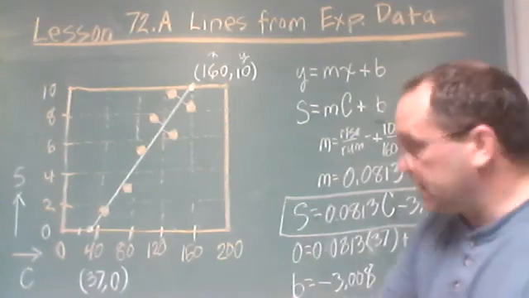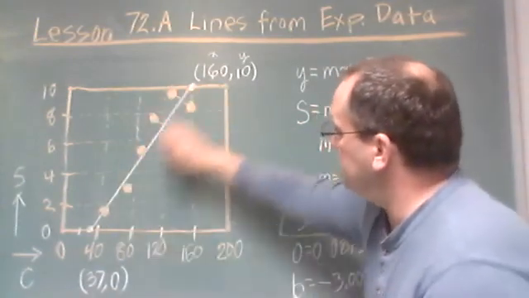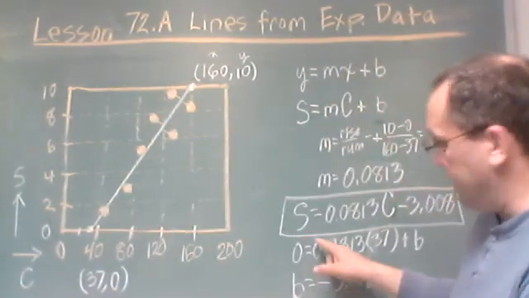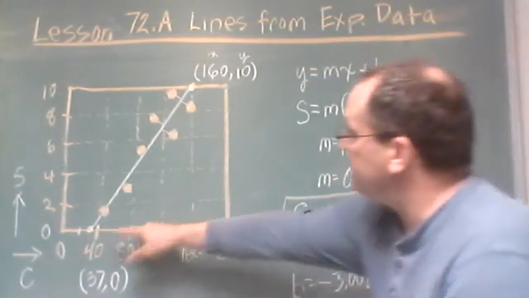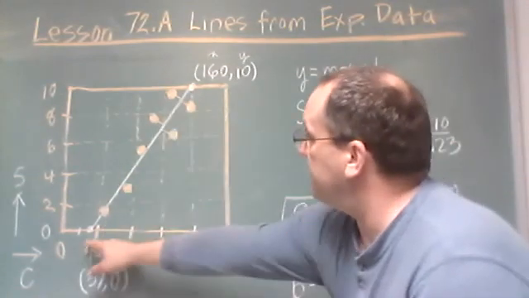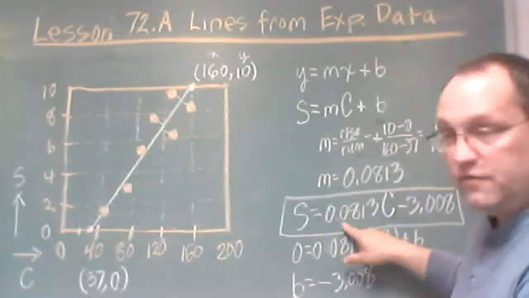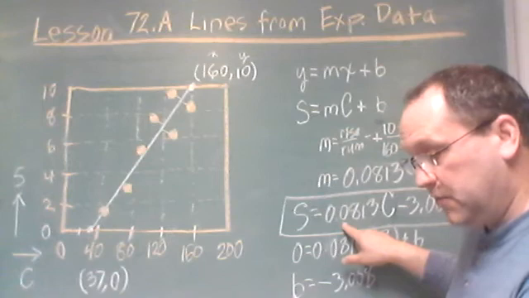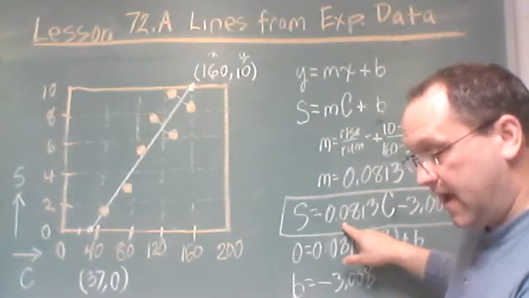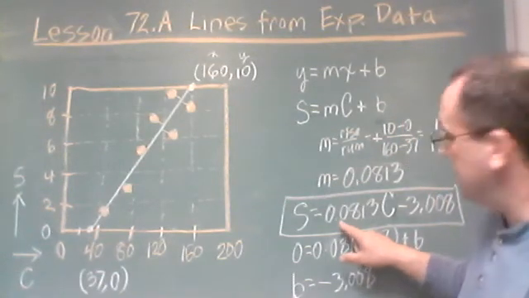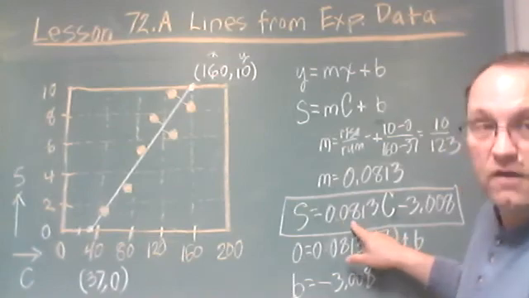Now notice in the book, they said they had those 2 lines there. It said they had 2 possible equations from those 2 lines, one to the extreme left, one to the extreme right, okay? And it says your value for the slope should fall between 0.05 and 0.1. 0.08 falls in between there.